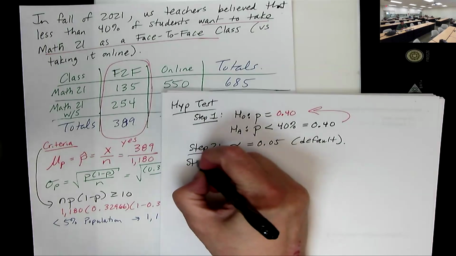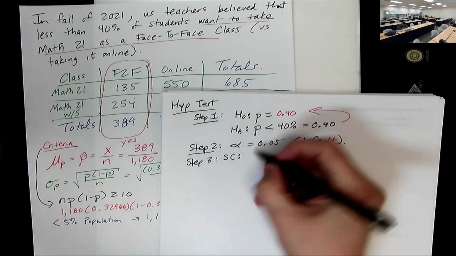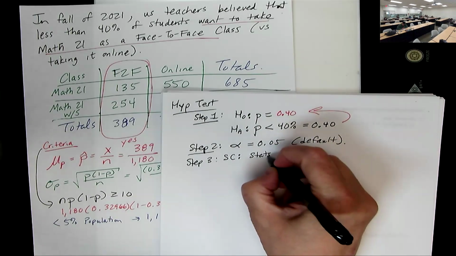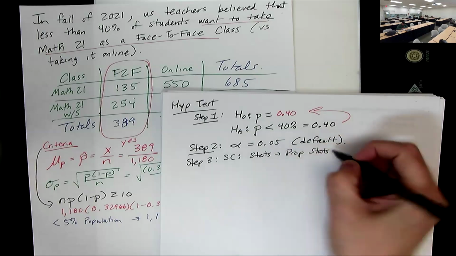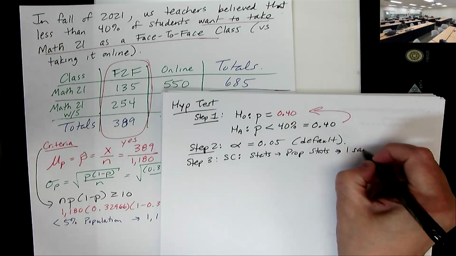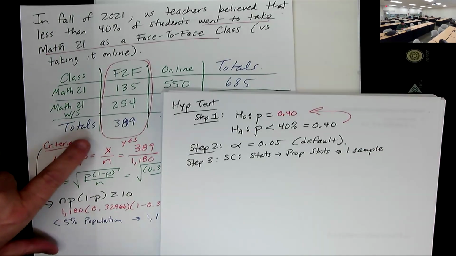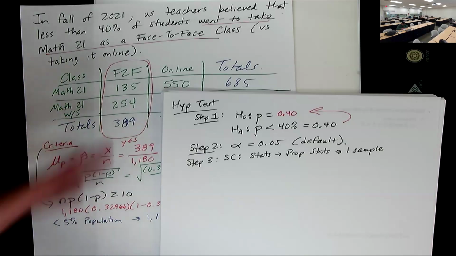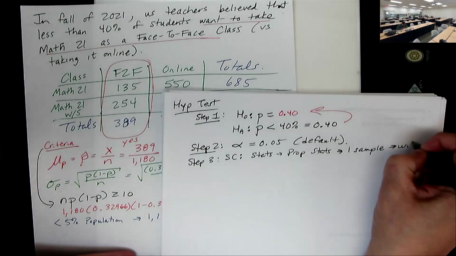Step three will be in StatCrunch. Here we go stats, proportion stats, one sample. And I do not have everyone's individual response. I don't have like Tommy wanted face to face, Maria wanted online. I just have summarized data. I know how many said they wanted face to face, so we're gonna do with summary here.